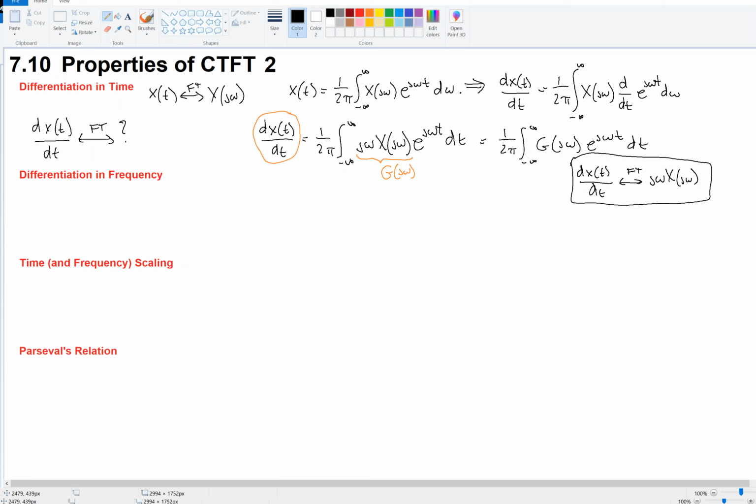Now, related to this is the differentiation in frequency property, and I'm not going to prove this one. I'm just going to give you the result. If x of t has Fourier transform capital X of j omega, then the derivative of capital X in frequency has the signal minus jt times x of t.